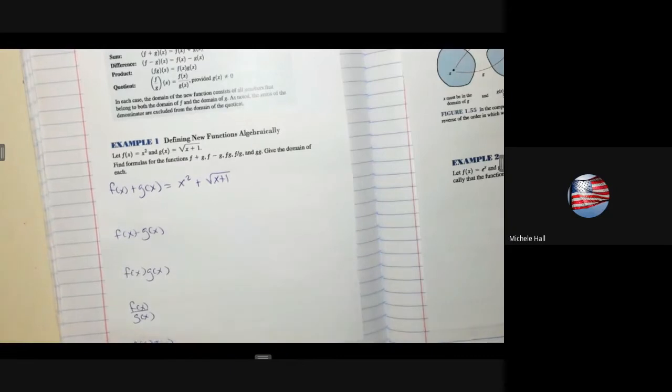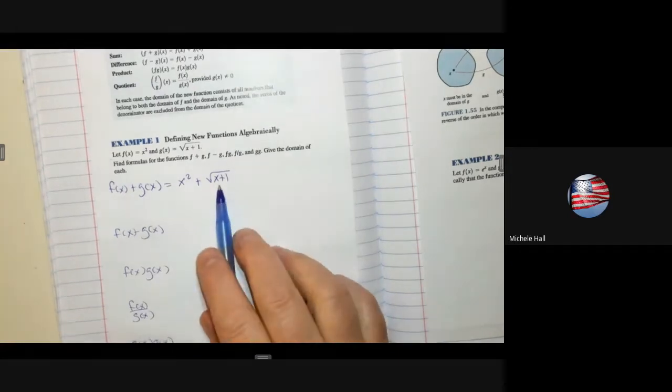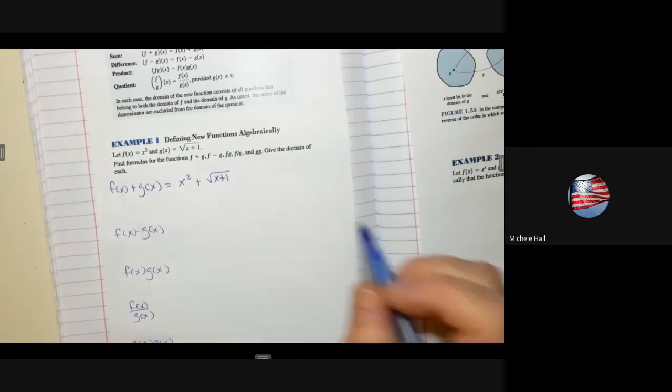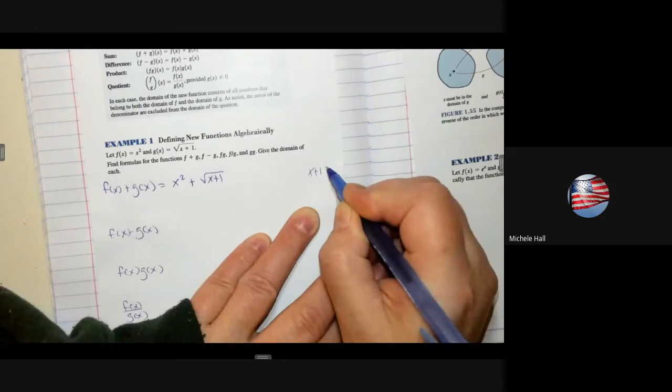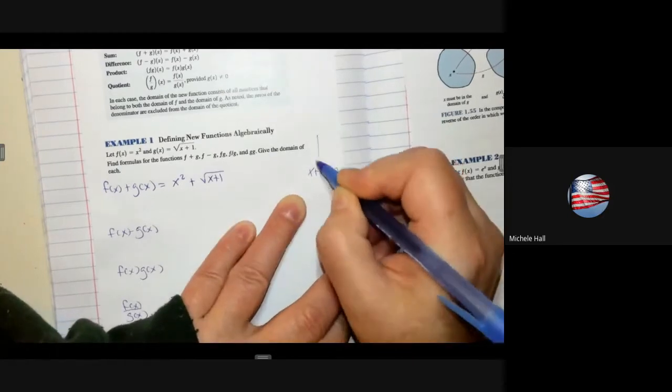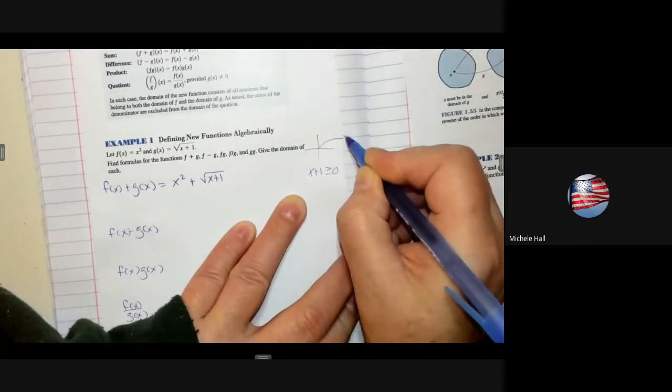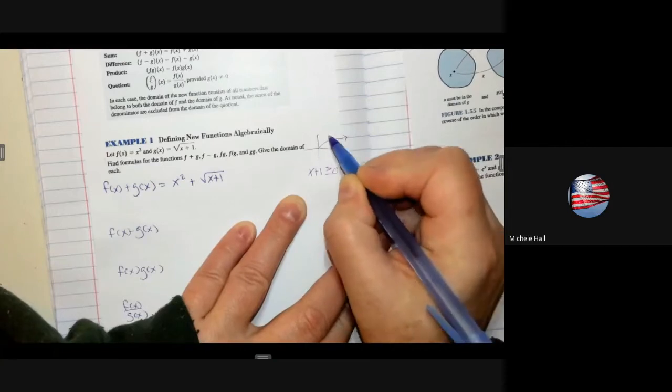So the next thing that we're going to do is take a look at the domain. Are there any problem areas? The square root is a problem area because we can't have imaginary numbers. So remember, you take whatever's under the square root and you set it greater than or equal to 0. The graph of a square root is the square root of x.